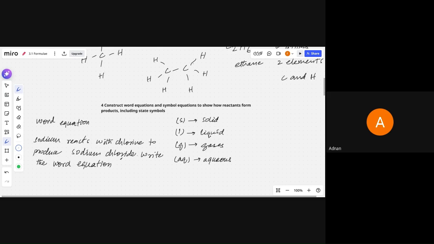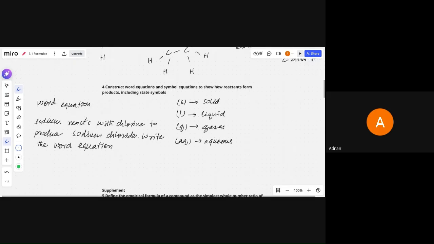Okay, so the word equation for this reaction: you just write sodium, and this is one reactant, and then you write a plus symbol, which is distinguishing it from the other reactant. The other reactant is chlorine, so I'm going to write chlorine, and then we use an arrow, which represents the direction of a chemical reaction, which we read as "to produce". So sodium chloride: you must not write NaCl, you must write sodium chloride.